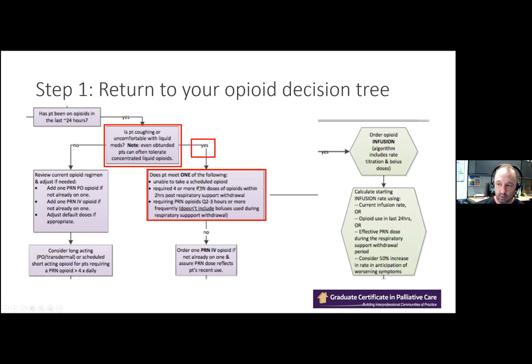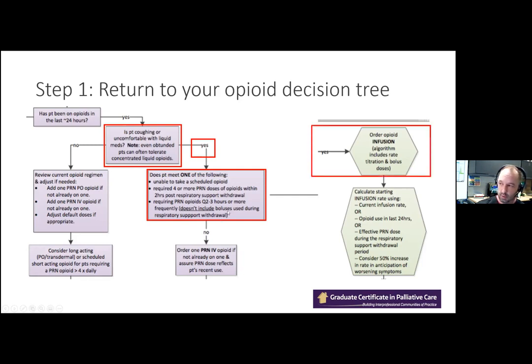So then we move on to, does she meet one of the following criteria? Unable to take a scheduled opioid, required 4 or more PRN doses within the past 2 hours after withdrawal of respiratory support, or requiring PRN opioids every 2 to 3 hours or more frequently.